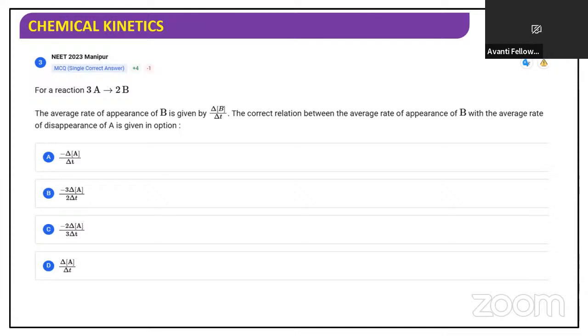For the reaction 3A gives us 2B, the average rate of appearance of B is given by delta B by delta t. Find the correct relationship between the rates in a given option.